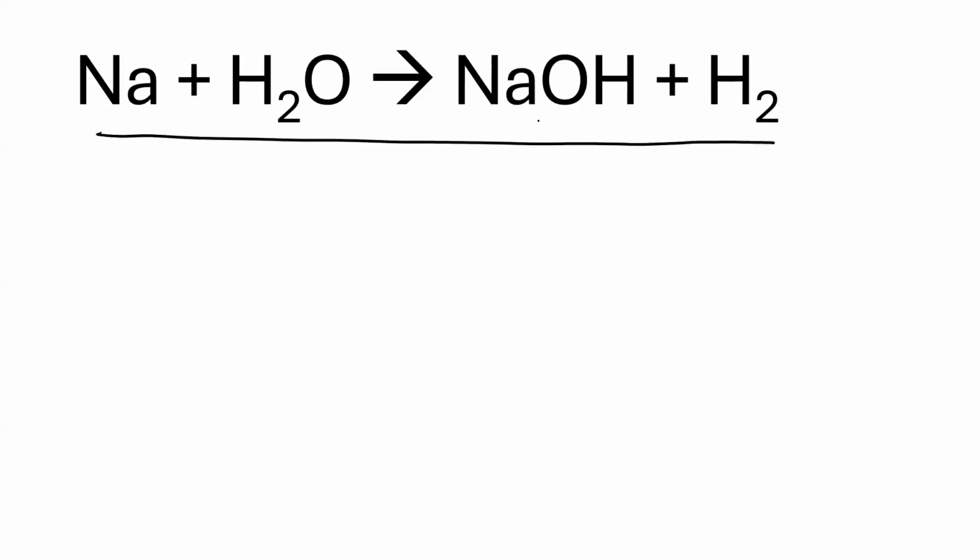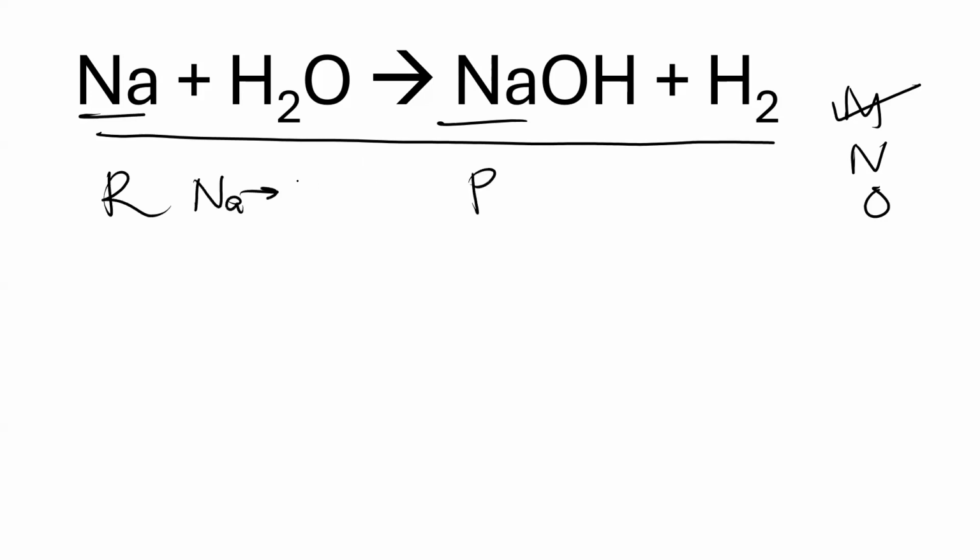Sodium plus water forms sodium hydroxide and hydrogen gas. We'll write MNO here to guide us. First, we balance the metals. In this example, we have sodium on the reactant side, that's 1, and sodium on the product side, that's also 1. So that balances sodium out. Then we don't have any non-metals other than oxygen and hydrogen, so we leave that.